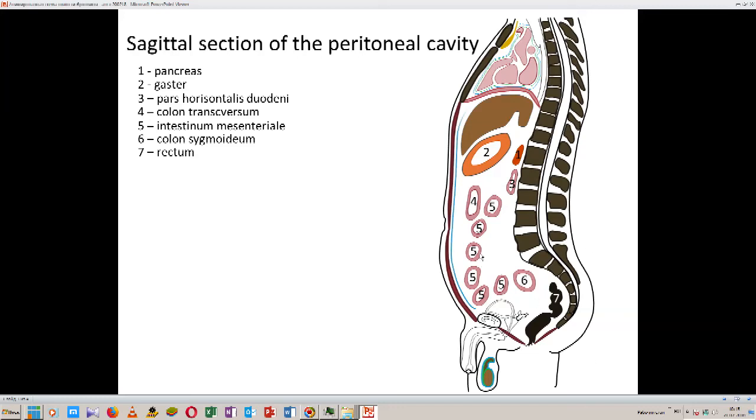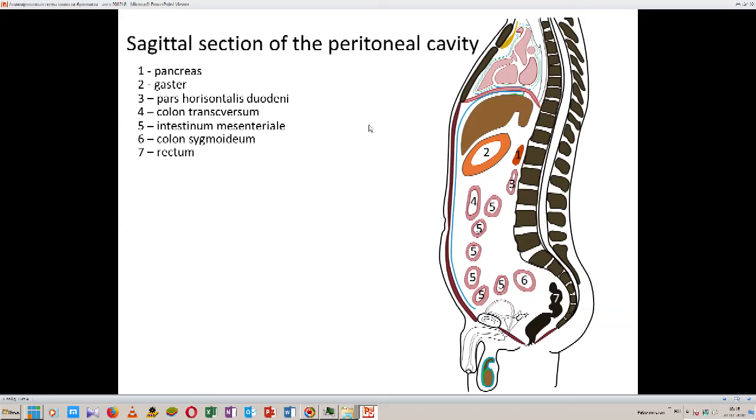It covers from inside the anterior abdominal wall and diaphragm. So they are paries, that means the parietal sheet of the peritoneum.